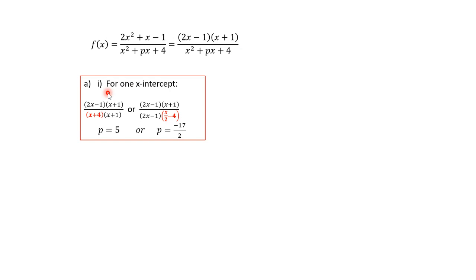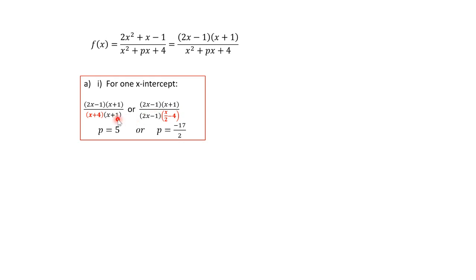Okay, so let's have a look at this. We can have two options. We could either have where this trinomial is factorized so that x plus 1 is a factor, which means that then those x plus 1s cancel, and I'm then left with just my one x-intercept. Or the factor of 2x minus 1 is able to cancel, and I'm only left with that bracket of x plus 1.